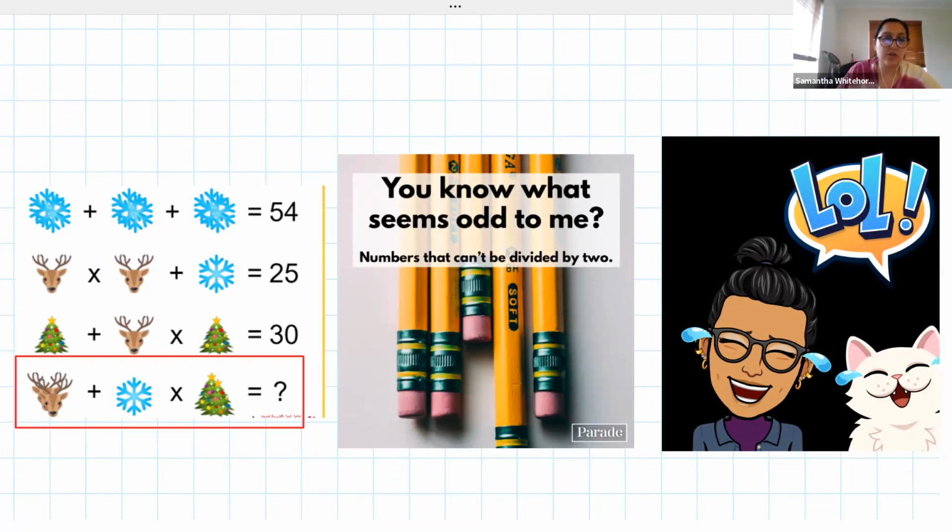Please just take note of where you've got 2 reindeer, 2 snowflakes, 2 Christmas trees. That's obviously important.